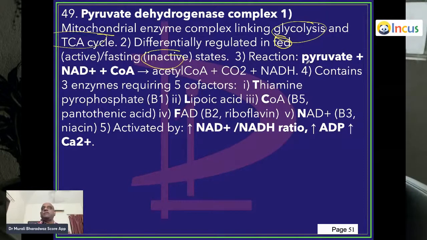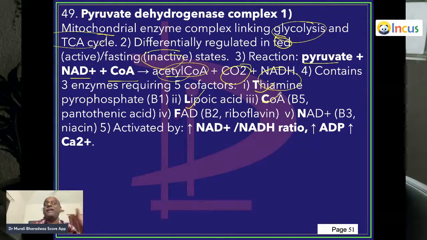So what is the reaction, doctor? Pyruvate plus NAD plus CoA will give you acetyl-CoA. Decarboxylation: CO2 is released. Oxidative: that means NADH is formed. Basically it contains 3 enzymes that require 5 cofactors: thiamine pyrophosphate, lipoic acid, and coenzyme A. You remember, no?